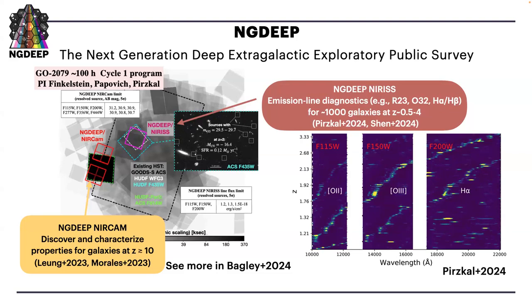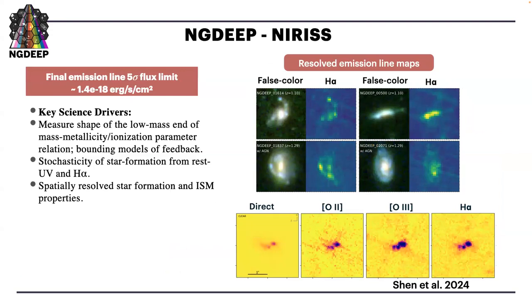And then we also have NIRISS components that are designed to obtain key nebular emission lines for galaxies down to 10 to the 8 solar mass. In the final data set, we reach a 5 sigma emission line flux limit down to 10 to the -18 erg per second per centimeter squared.